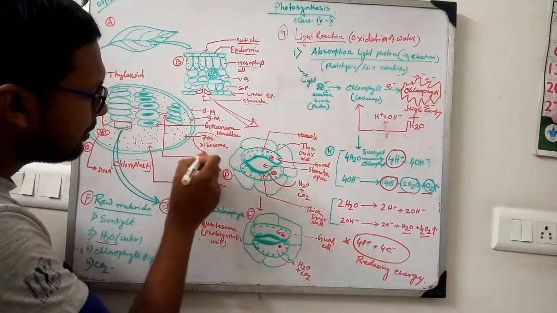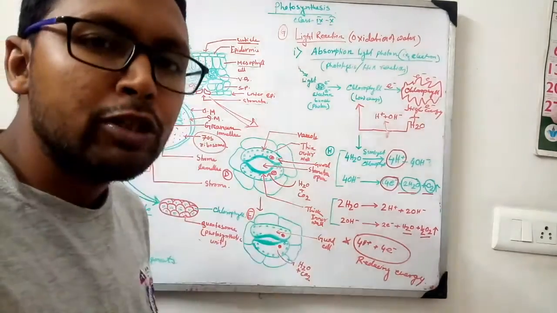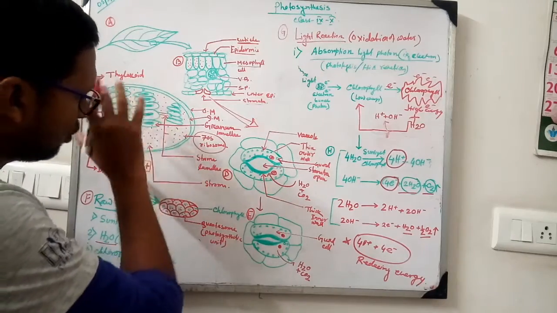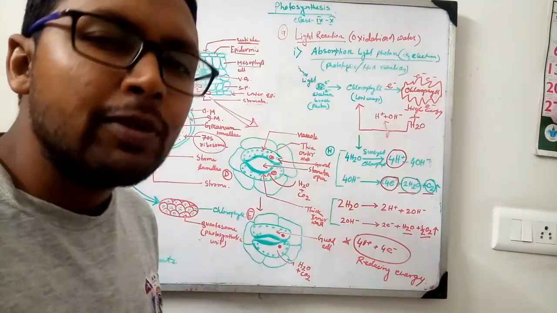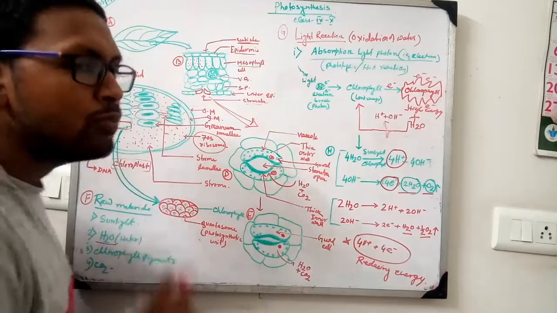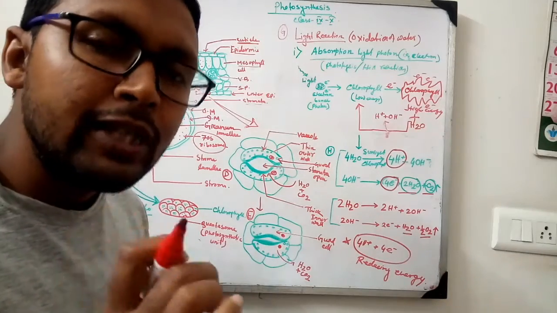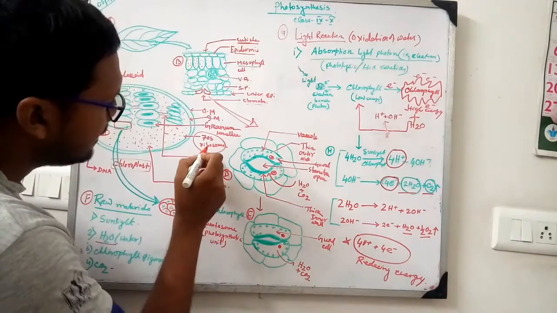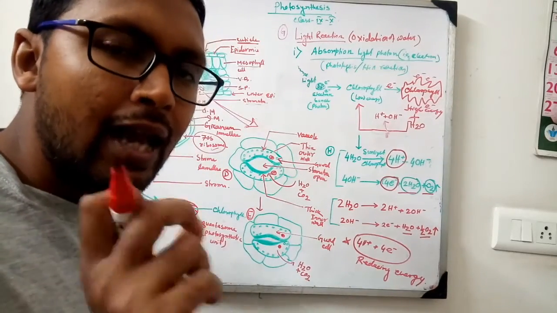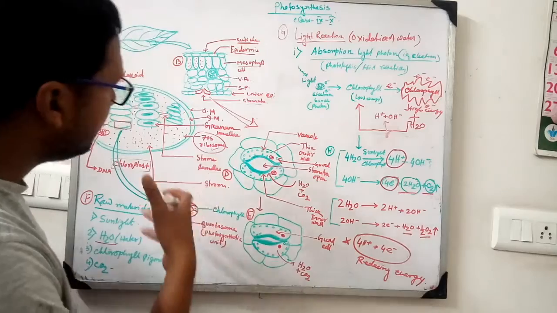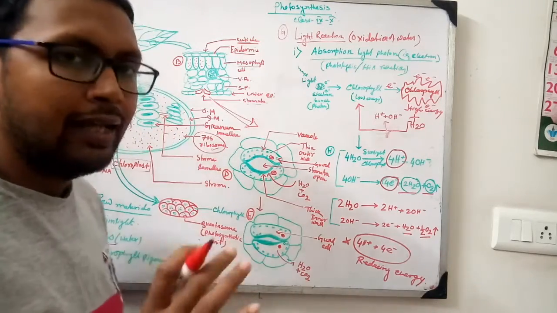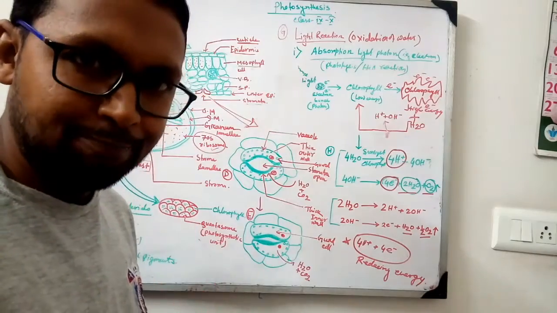Here the 70S ribosome is present. Some protein molecules are present. A chloroplast is actually a semi-autonomous cell organelle, semi-autonomous because it has its own protein synthetic machinery. As it has a 70S ribosome, it is prokaryotic in nature, and in evolutionary view it was considered a primitive algae.